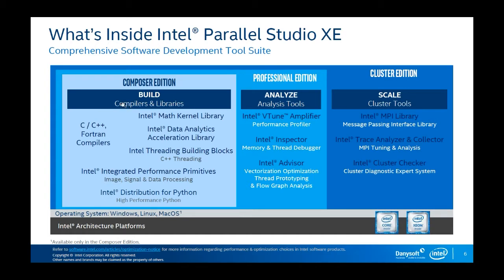So it includes basically compilers and libraries. The well-known compilers for C, C++, and Fortran, and also other libraries which are optimized internally by the exploitation of the different levels of parallelism, such as OpenMP or multi-threading and vectorization capabilities.